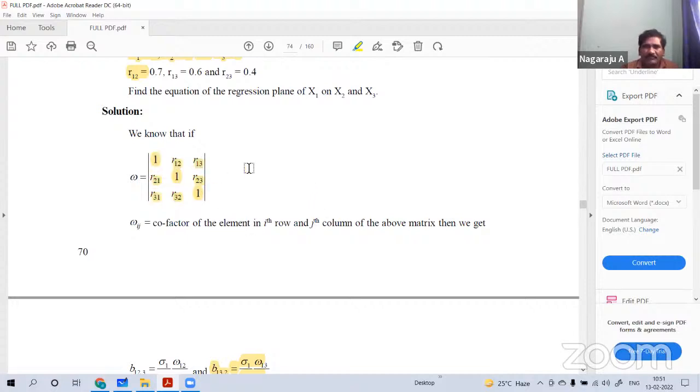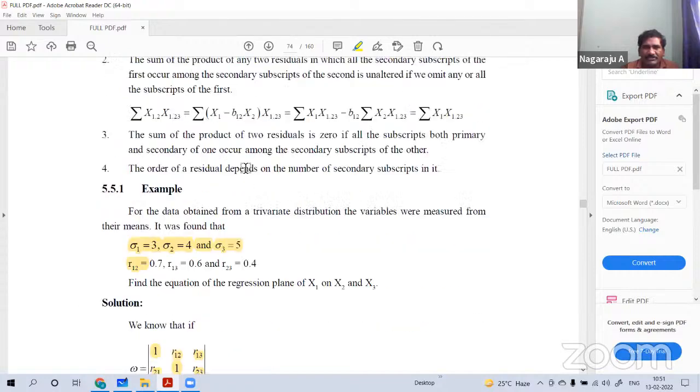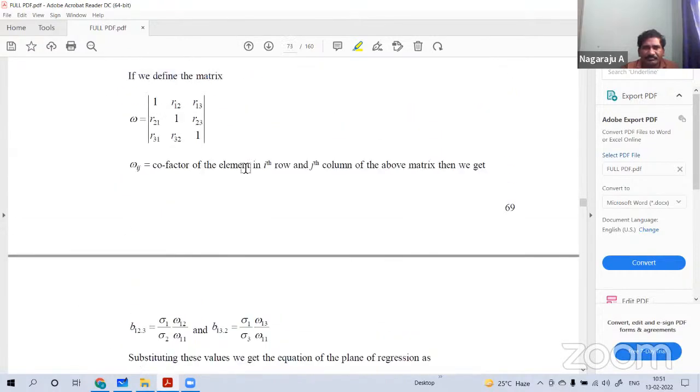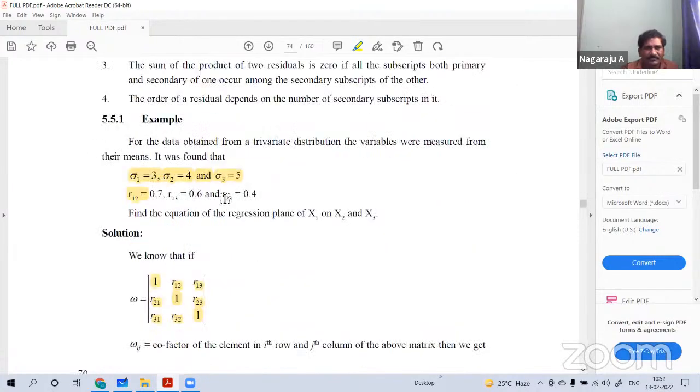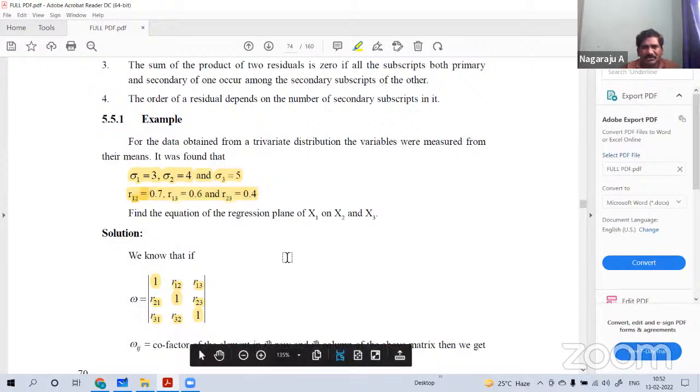Then here R12, R13, R21, R32 values he gives at the top. These are the available values; you take the values. Other values are zero.